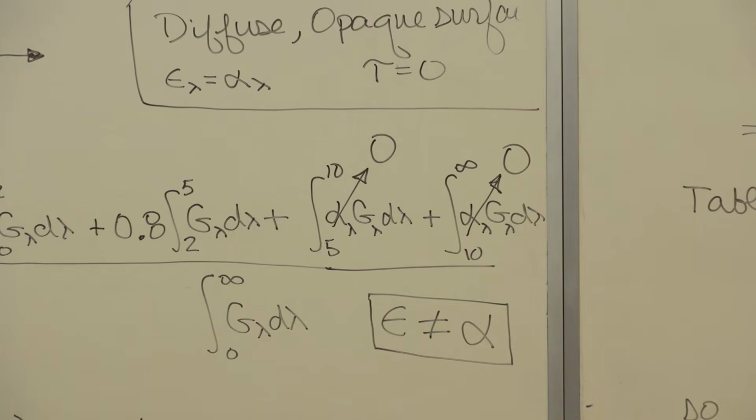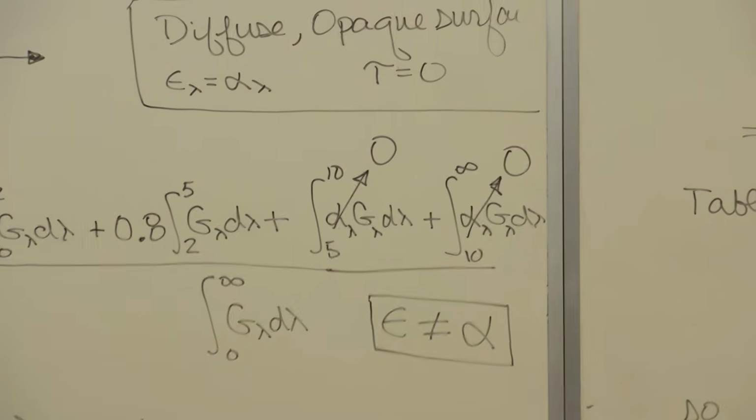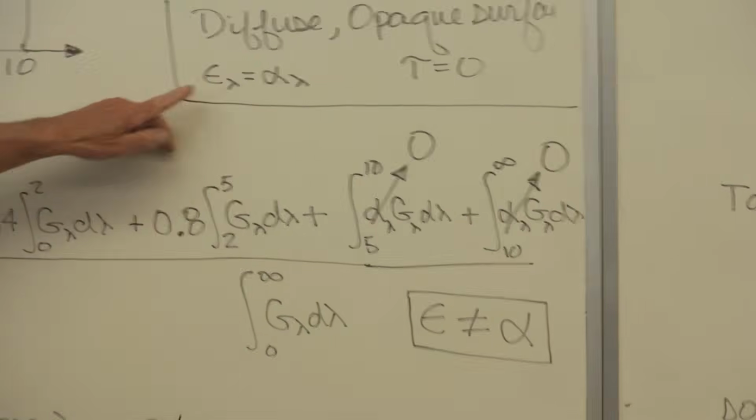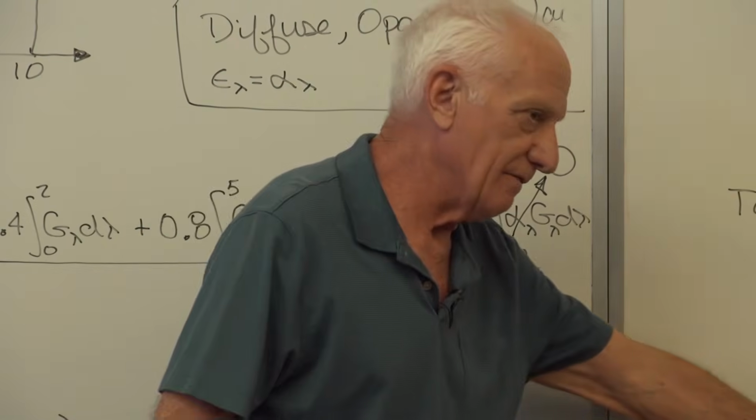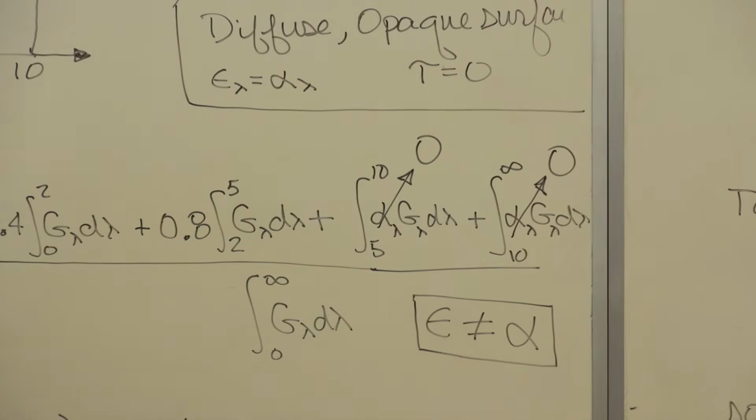Epsilon is equal to alpha if we see the word gray surface. If the problem says diffuse surface, then this is true, but not that. 0.311, 0.540, no, they're not equal. So just a little reminder about Kirchhoff's laws relating emissivity to absorptivity. Okay, we've got both things now.